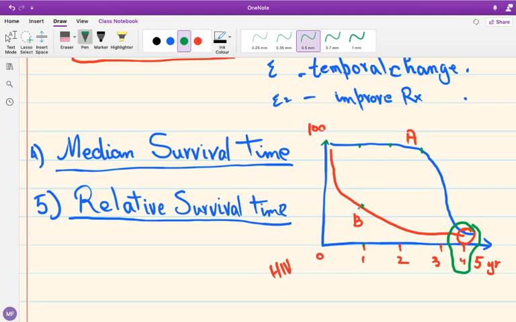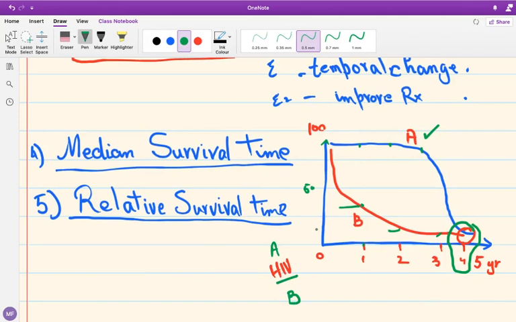Because among the individuals who were given treatment B, there is an abrupt decrease in survival, as we have noticed, from 100 to less than 50, somewhere over here. And then in the second year there are also death events reported, and then the third year. Although the survival analysis at the terminal point coincides among both groups, treatment A and B, we prefer a relative survival time, and based on it we assume that treatment A has a preferential advantage for HIV treatment as compared to treatment B, right?